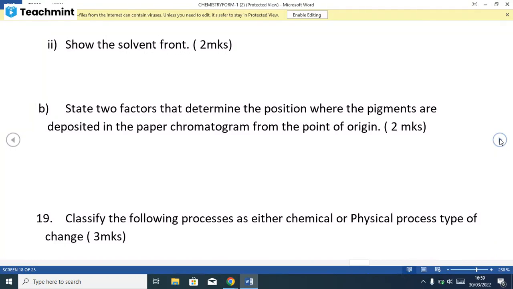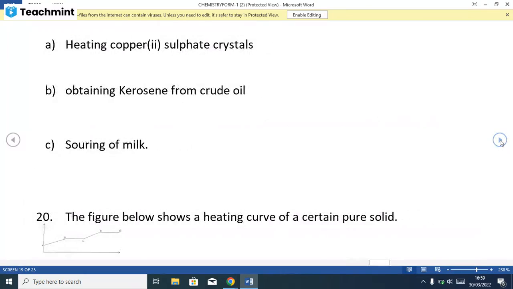Number 19. Classify the following processes as either chemical or physical change. Heating copper 2 sulfate crystals. Chemical.